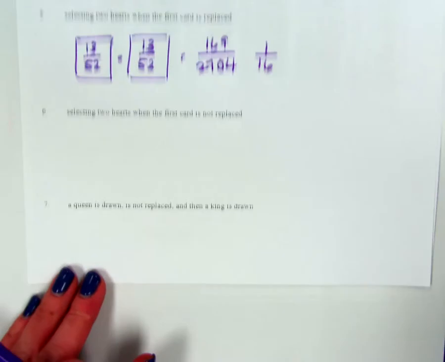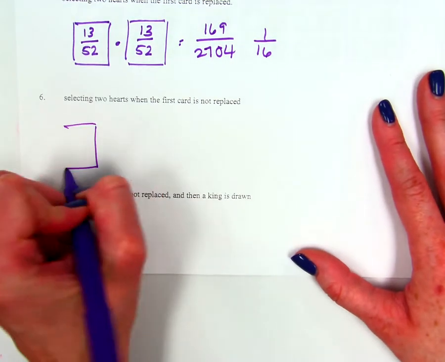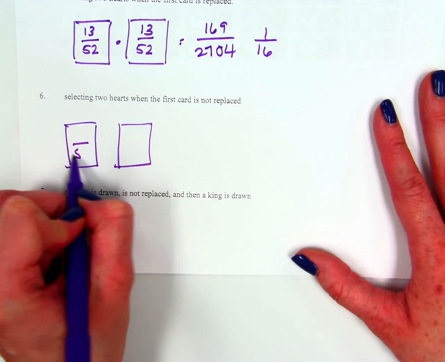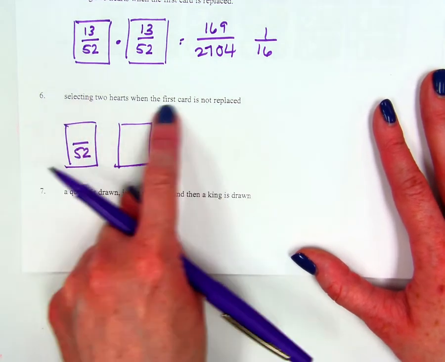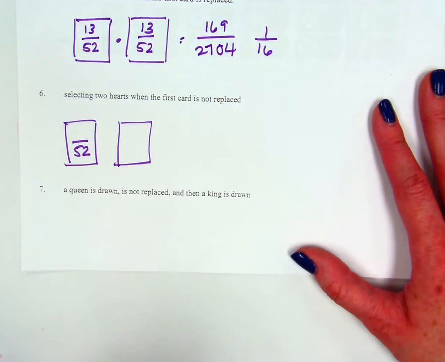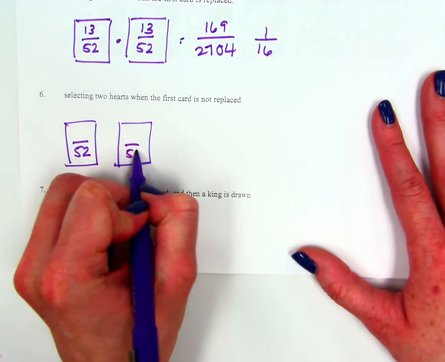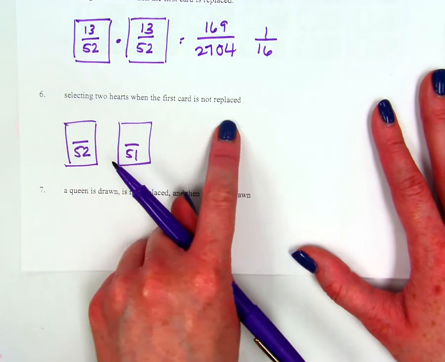6 is a little bit different because we are selecting 2 hearts when the first card is not replaced. So I'm going to draw out my 2 boxes again. So I know I have 52 cards to start with the first time, but this one says the first card is not replaced. So once I've removed a card, I don't put that back, so that means I'm going to have only 51 the second time. So same thing for selecting 2 hearts.